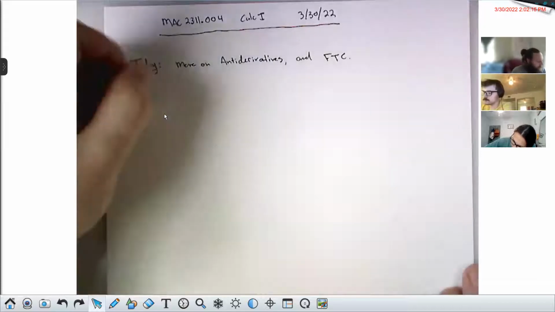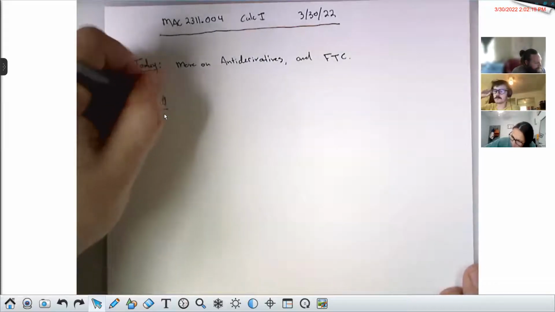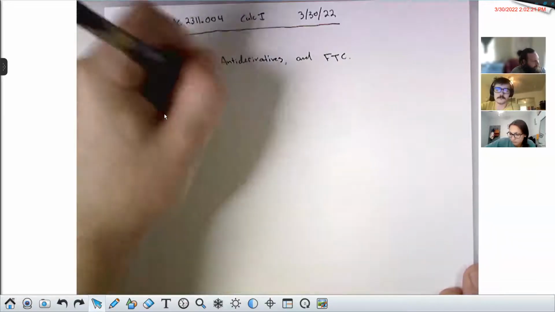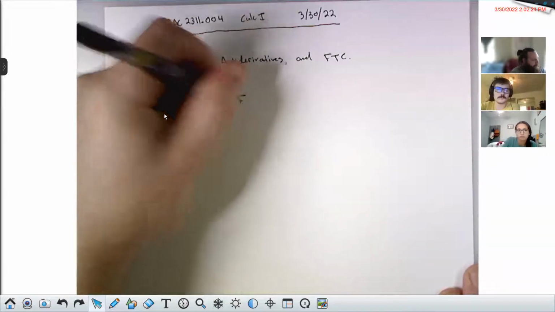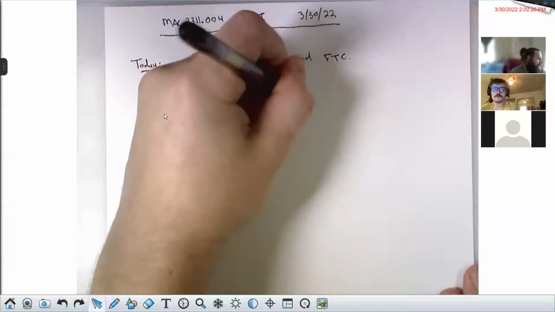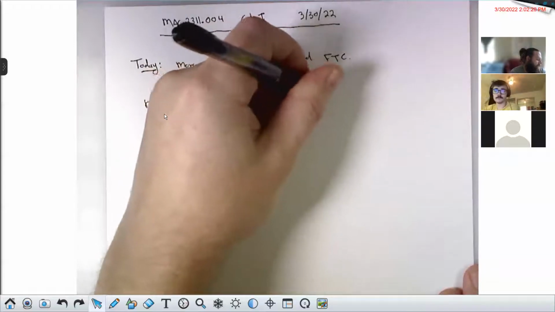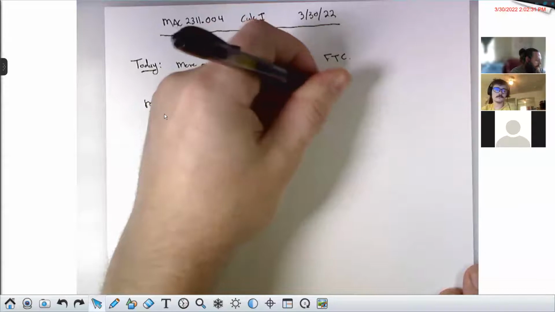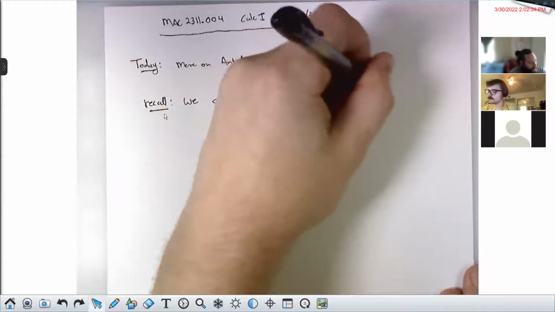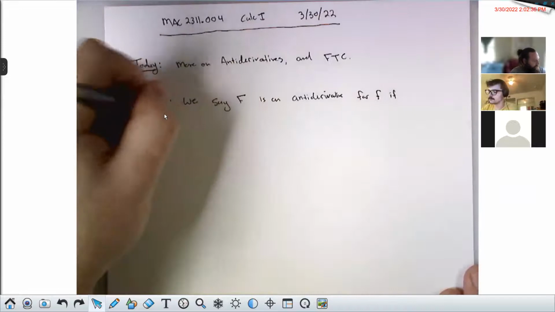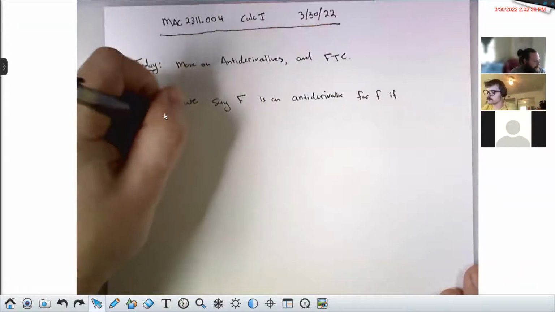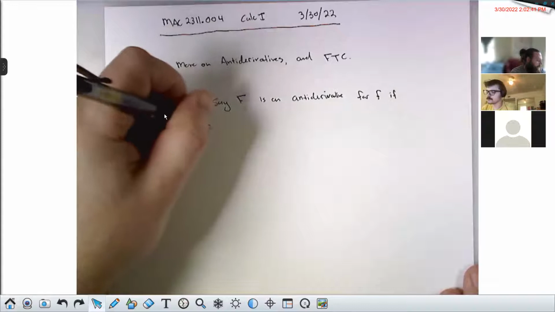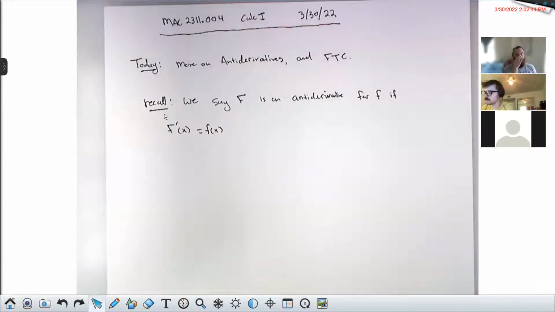Because remember, we say big F is an antiderivative for little f if big F primed of x is equal to little f of x. And sometimes we qualify where this is taking place, like over some interval, but in general, this is the way to think of it.